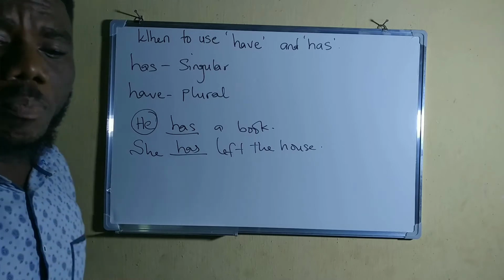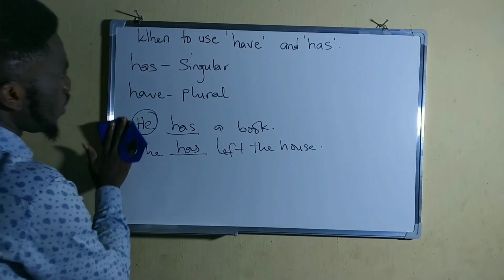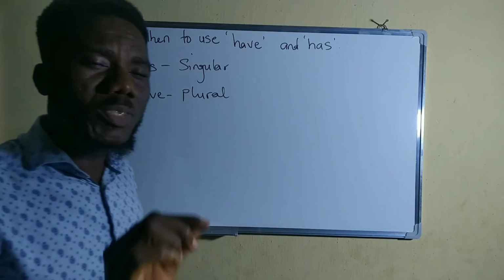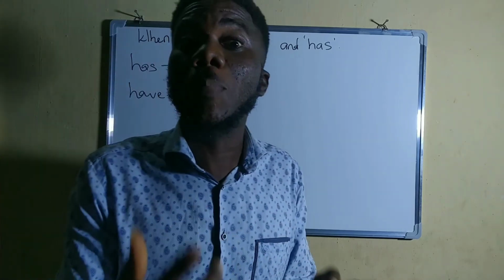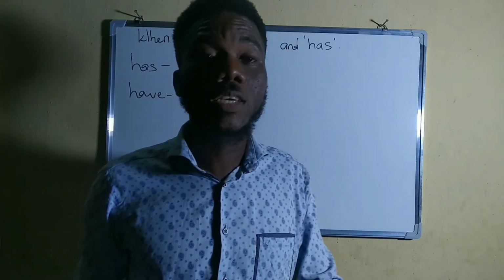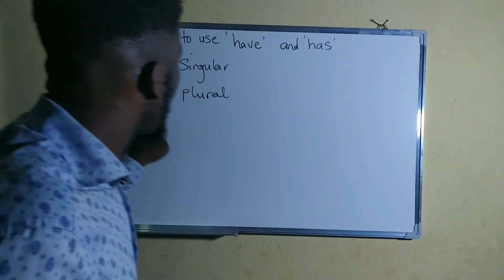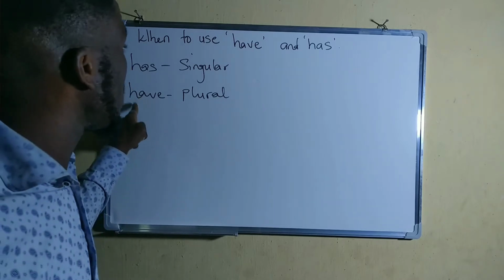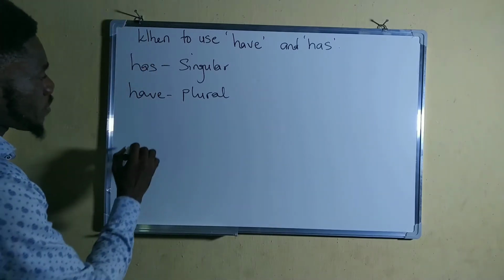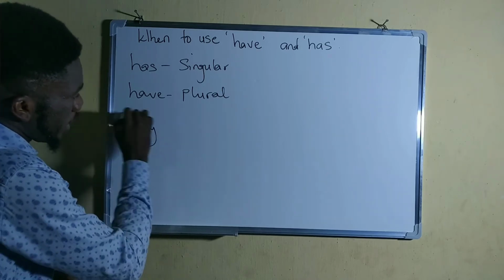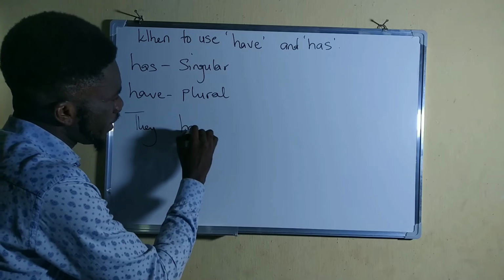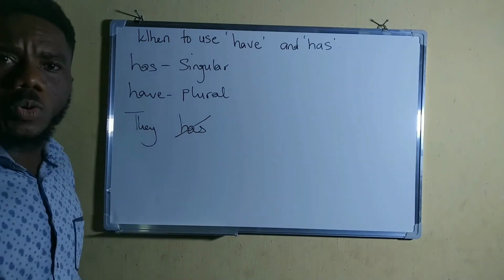Okay, now when do you make use of have? You make use of have when the subject of that sentence is plural. When the subject of the sentence that you are making is plural, then you make use of have. Why? Because this have is plural in nature. Take for instance, when you have something like they as the subject of a sentence, you cannot say they has. No, this would be wrong.